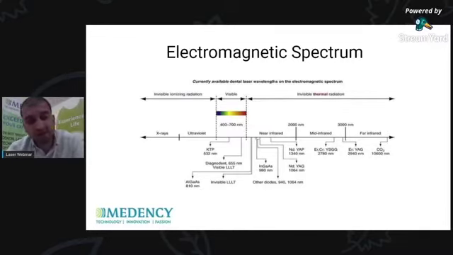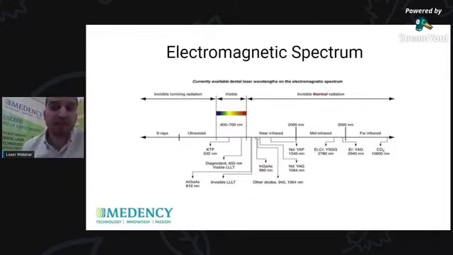Our eyes can't see the laser because it has a wavelength beyond the range of visible light. Of course, we have some lasers such as KTP and diode that can be seen as they are in the visible light range. But what we have to understand is that every laser has its wavelength, every wavelength has its specifications, and not all lasers can be seen through our eyes.